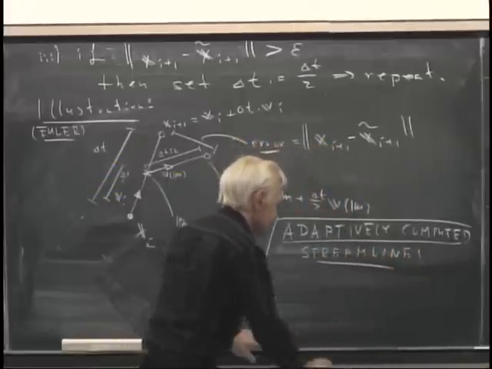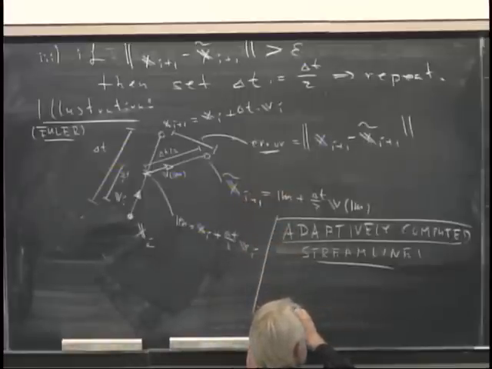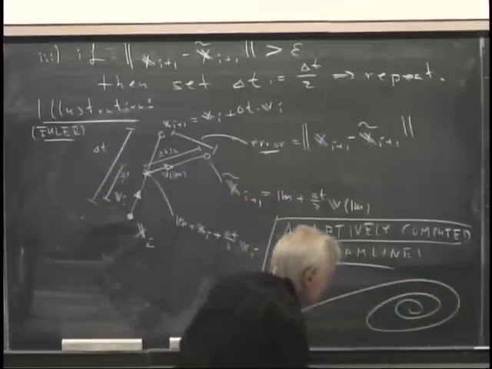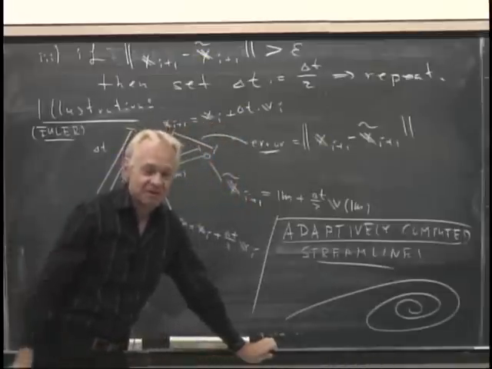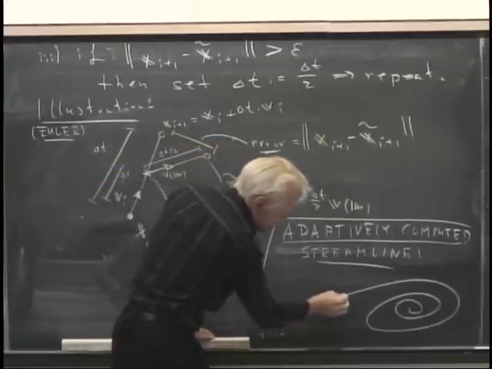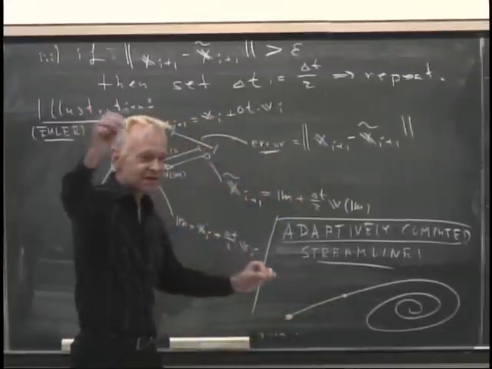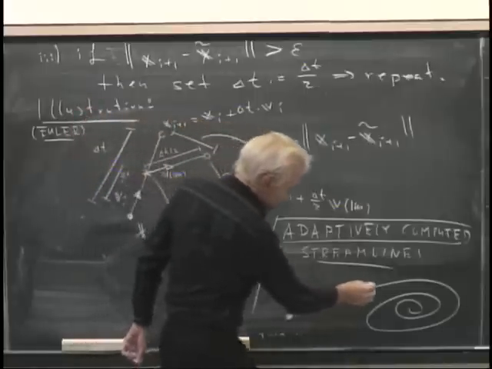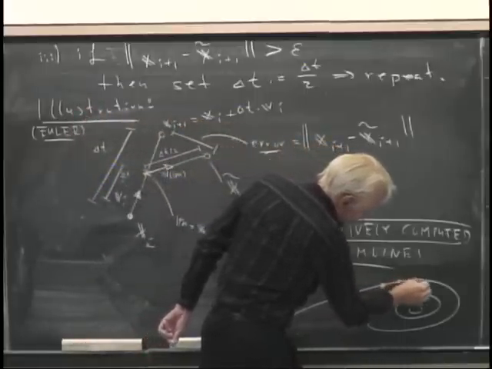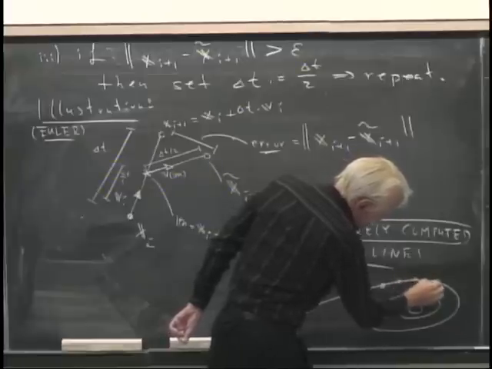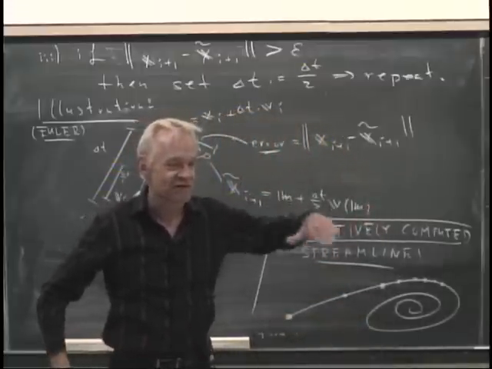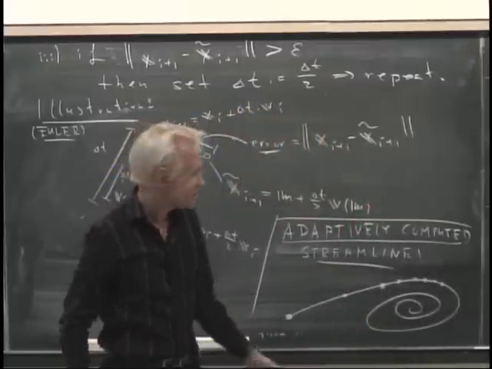So if you have a flow field that looks like this, and you use adaptive time stepping, then you will have a big spacing between the points that lie on the nearly linear stretches of the streamline, but then the spacing will shrink more and more when the streamline becomes more and more curved and the error grows tremendously.